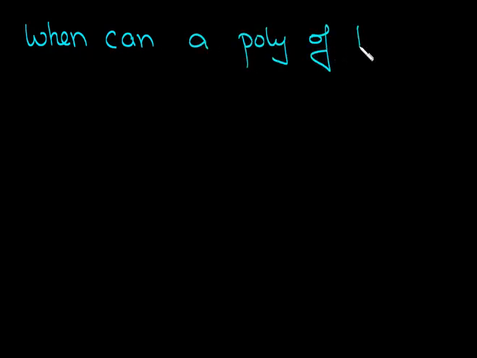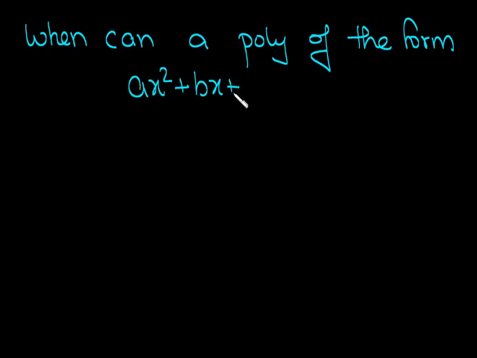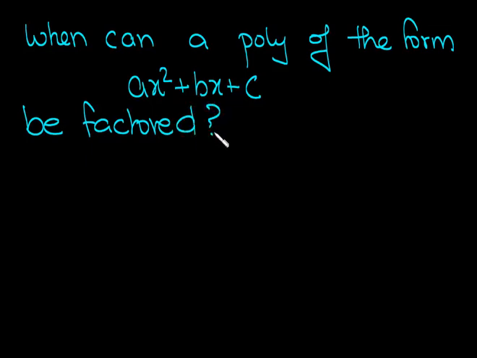Now, before I go any further, let me go back and talk about when a polynomial of the form ax squared plus bx plus c can be factored. This is something I should have mentioned before I did the 4-term polynomials, but let's go ahead and do it at this stage.